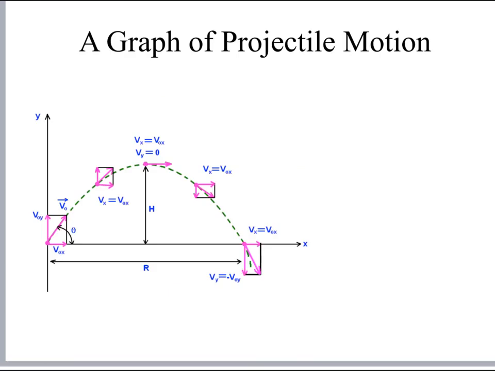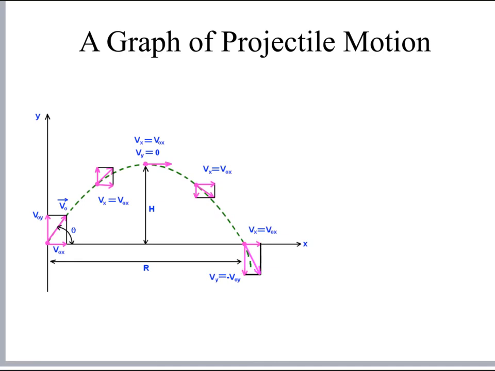Now I want to look at a few other aspects of this motion. And so I have the x and y coordinate systems here, and I've plotted the path of a projectile, which we now know is going to be a parabola. And so I've got these pink vectors here, which are the velocity at any time. And so I picked a few different times and I've drawn in the velocity vectors.